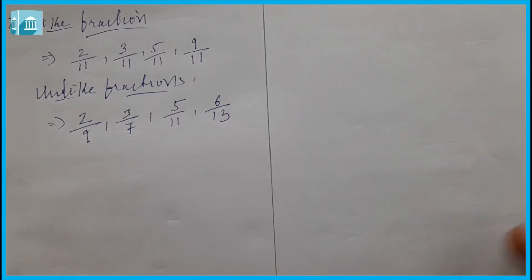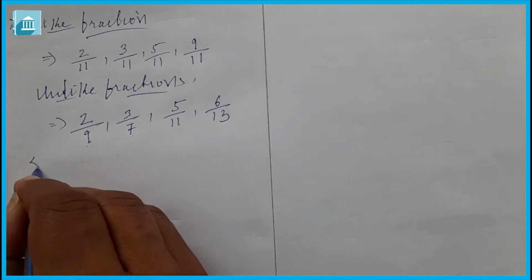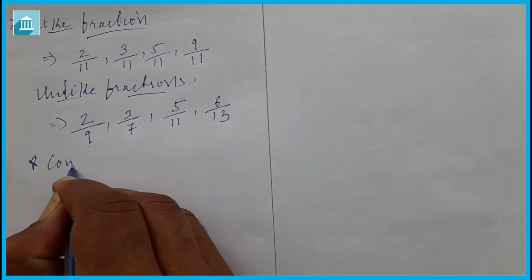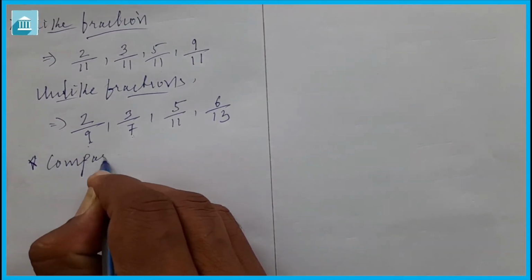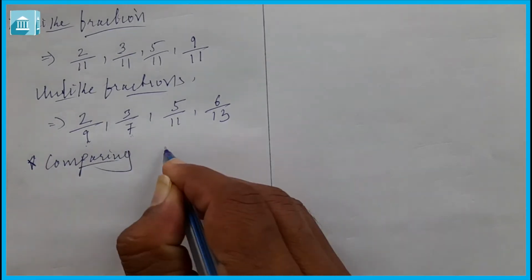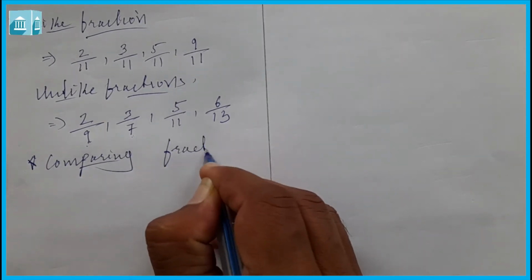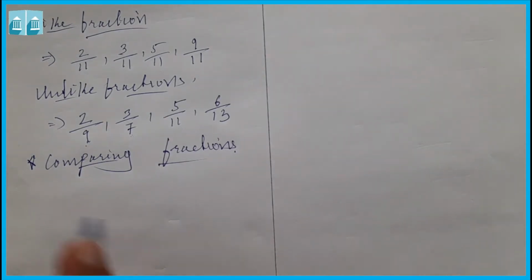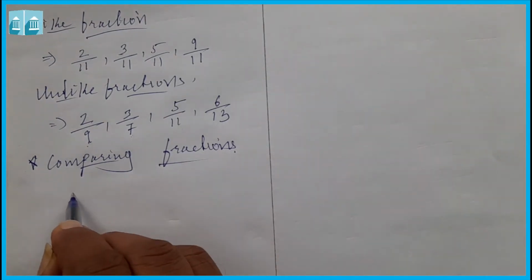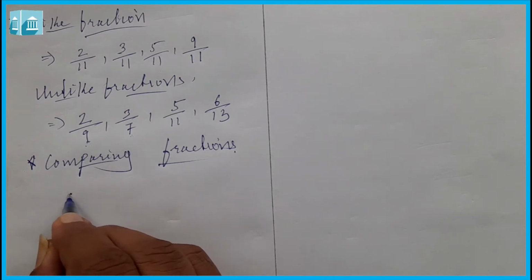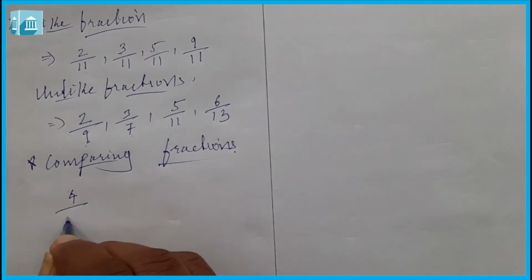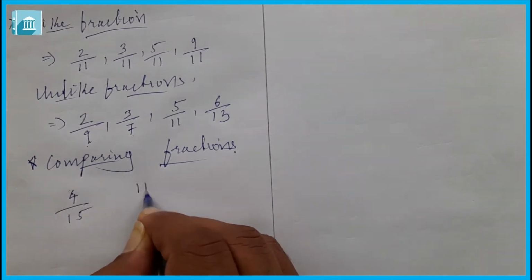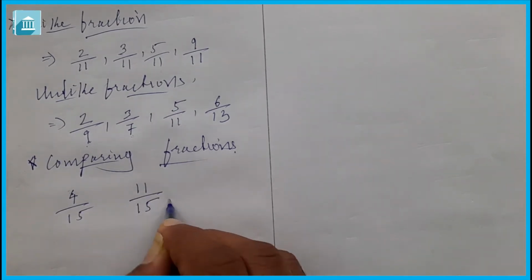Now let us see comparing fractions. To compare fractions, it is very necessary to see the denominator. For example, if I am writing here 4 by 15, 11 by 15.